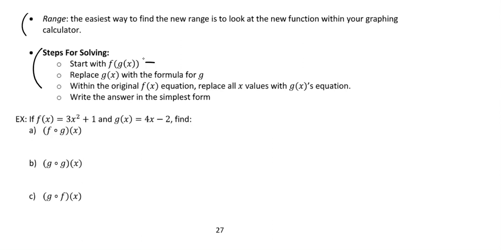What we mean by that is if it would have been written like f circle g of x to begin with, we're going to rewrite that as f of g of x. Now, one thing I want you to know when we're looking at these two is that f circle g of x, doesn't that look a lot like what we did in the last lesson when we had the bracket f, g of x?